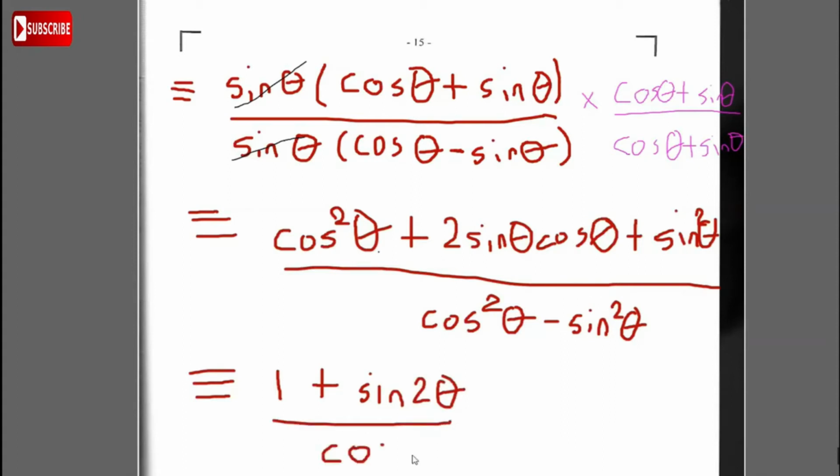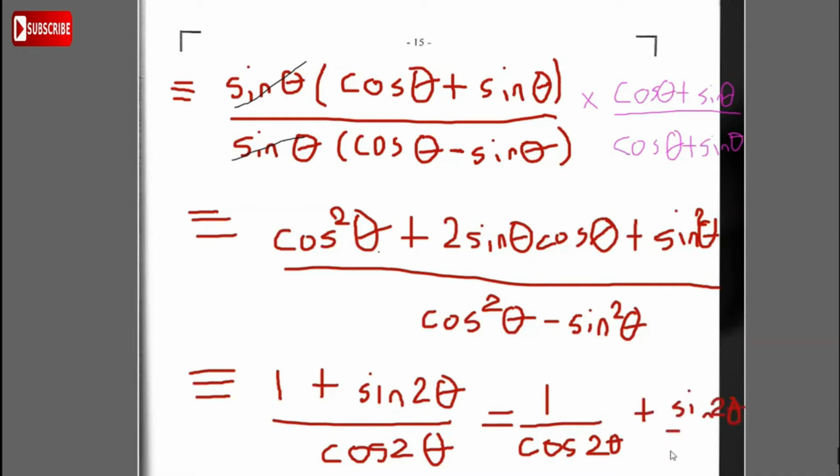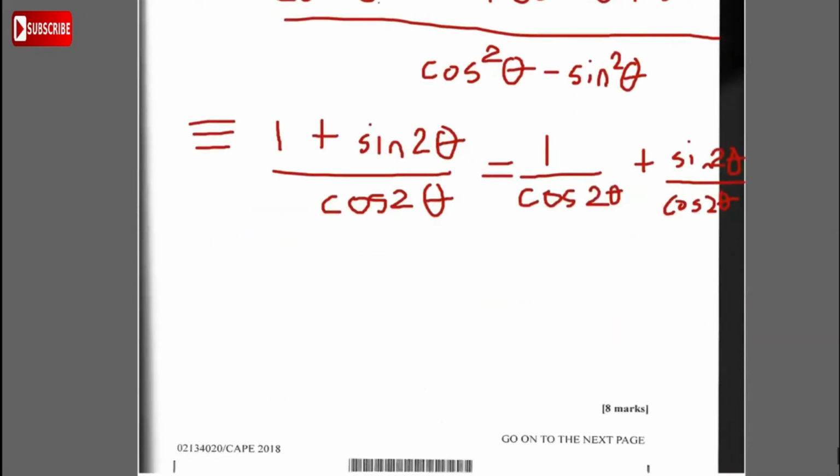So done, because we can then just separate this into 2 separate fractions: 1 over cos 2 theta plus sine 2 theta over cos 2 theta. And we're done now. We've pretty much finished. So that's 8 marks, nice and easy.